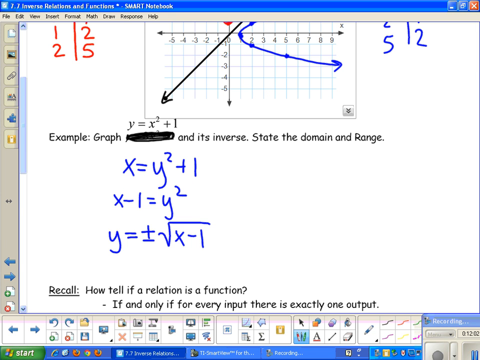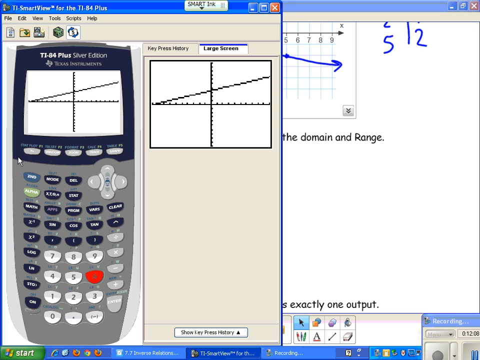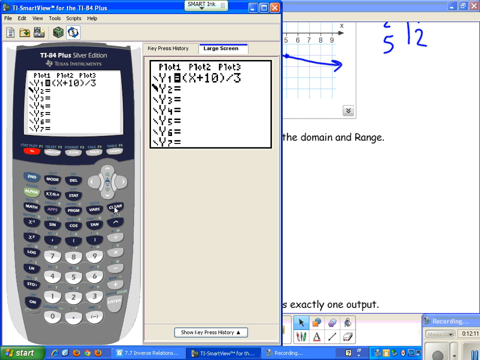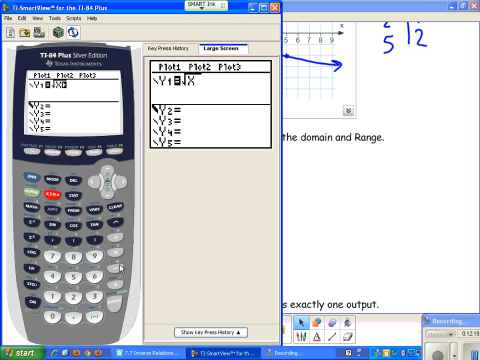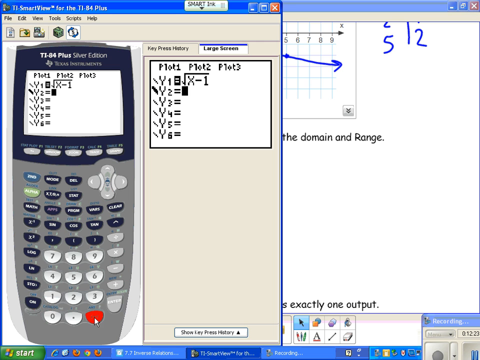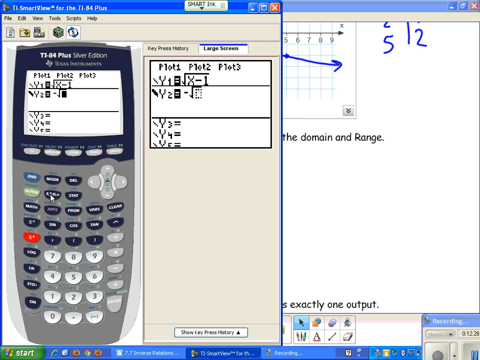Now, if you wanted to graph this in your calculator, you would have to do both the plus and the minus separately because we don't have a plus or minus button in our calculator. So if I wanted to just go ahead and show you this graph, I would have to graph the square root of x minus 1. And then I would also have to graph the negative square root of x minus 1.